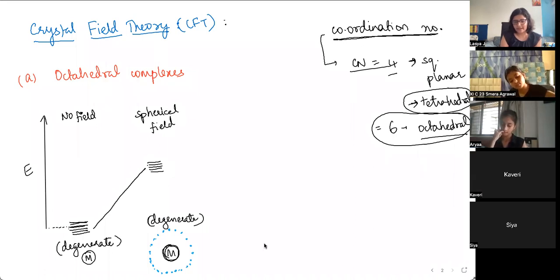In reality, we have our metal atom being approached in an octahedral structure. There's only 6 ligands, and they are approaching the metal atom in an octahedral shape.